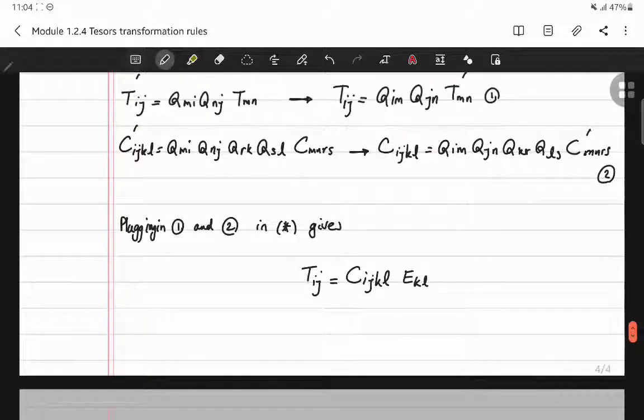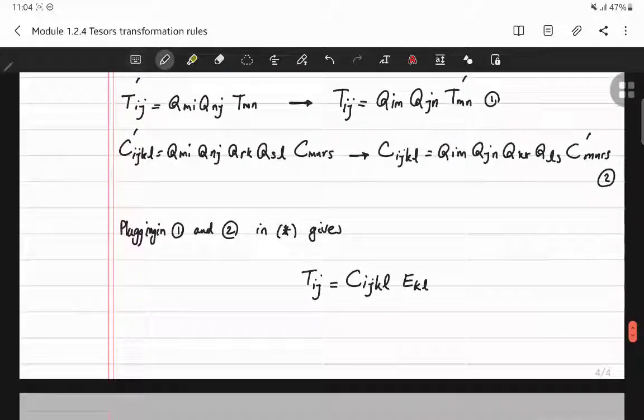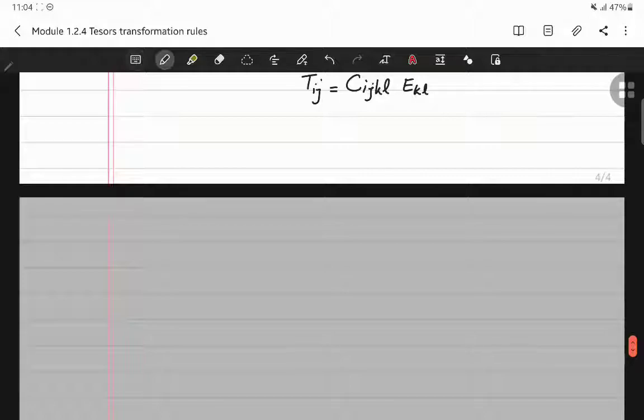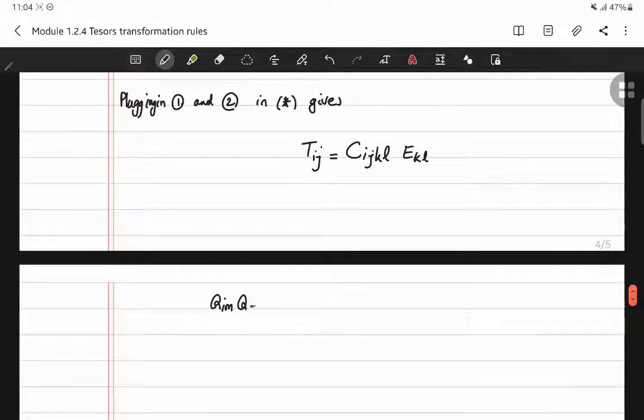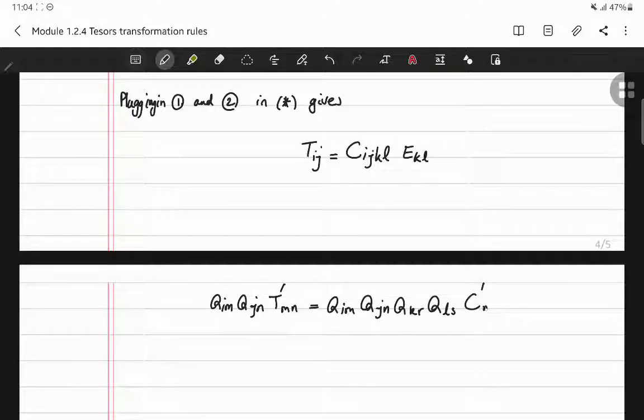So I can copy Tij from here, so it is Qim Qjn T prime mn, which is equal to, so C is Qmi, so this is imnj, this is jn, this is kr, this is sl, so this becomes ls, C prime mnrs, Ekl remains the same.